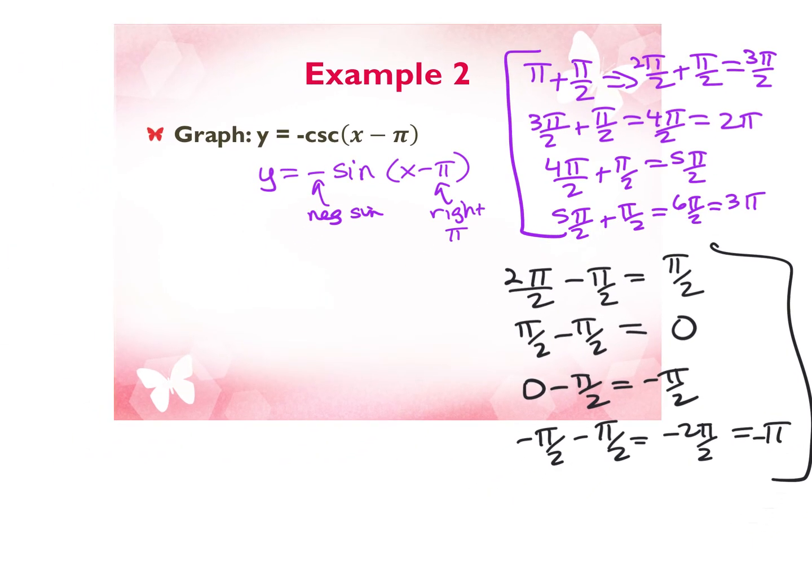So let's go ahead and make my x and y axis here. Going to try to space them all out nice and evenly. So I have 90 here, pi over 2, and then pi. And then I have 3 pi over 2.